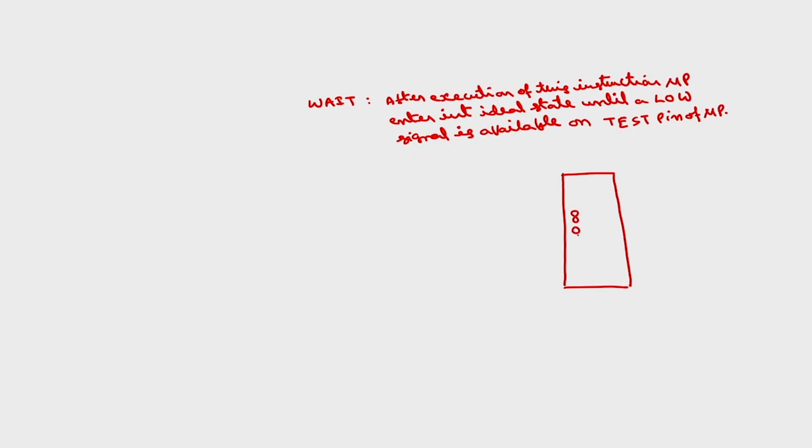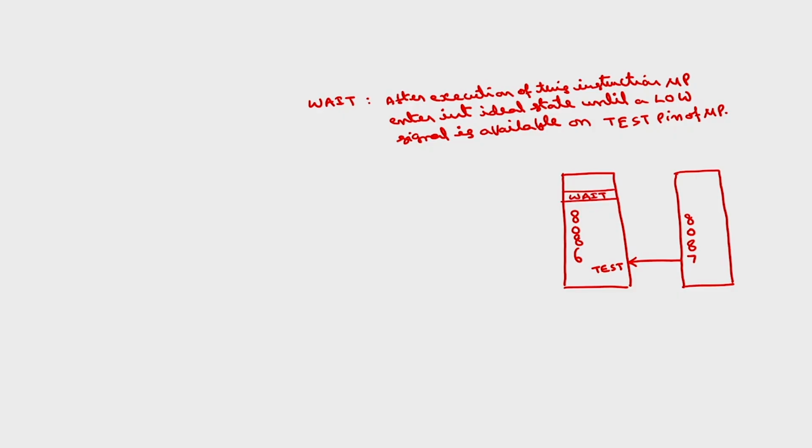If I take the same 8086 and 8087, normally 8087 is slow when compared with 8086. So here there is a test signal. We have discussed the various pins of 8086, and in that there is one pin which is called test. Suppose the microprocessor executes the wait instruction here.